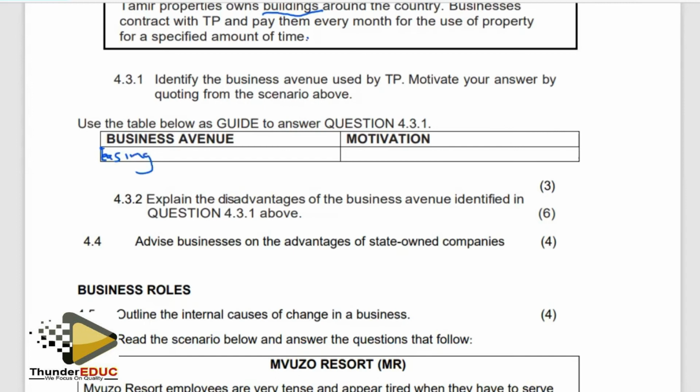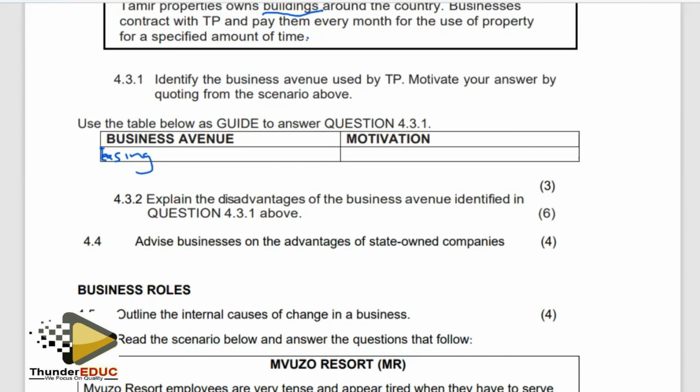This is when the leaser gives out his property to a lessee, who pays for the use of that asset or property for a given period of time, beyond which the leaser will repossess the property.